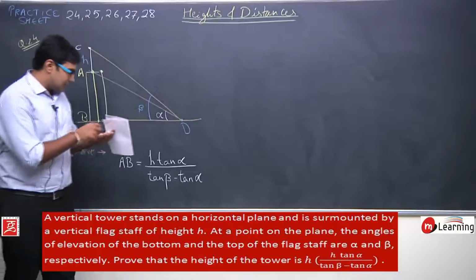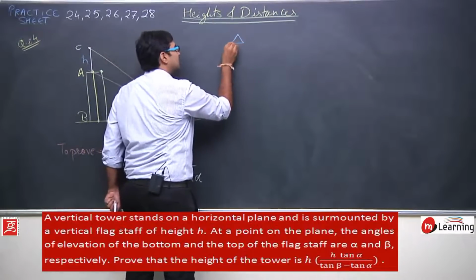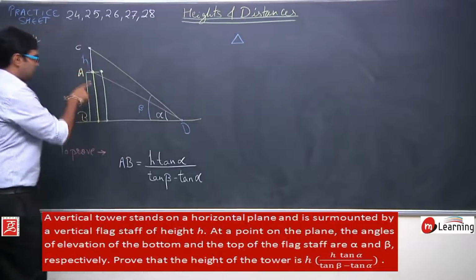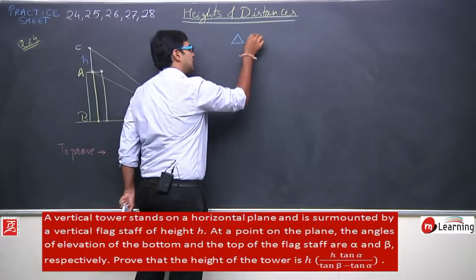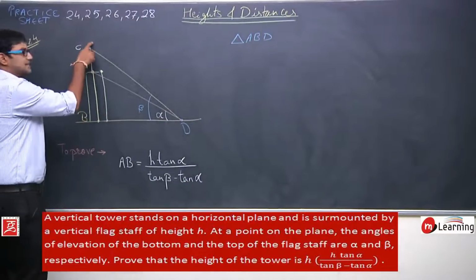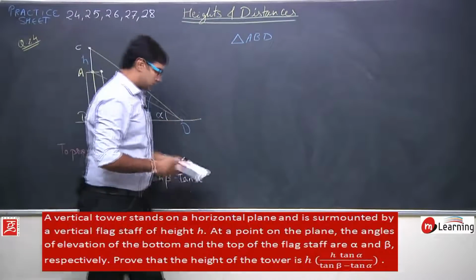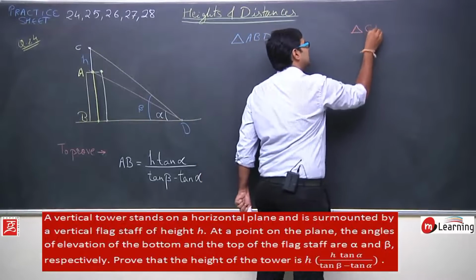I can see that clearly there are two triangles visible in this diagram. One triangle is ABD. And what is the other triangle? Another triangle is CBD. So the second triangle that is visible in this diagram is triangle CBD.